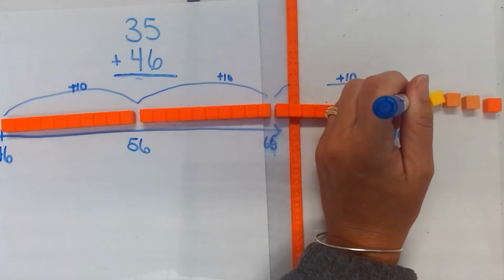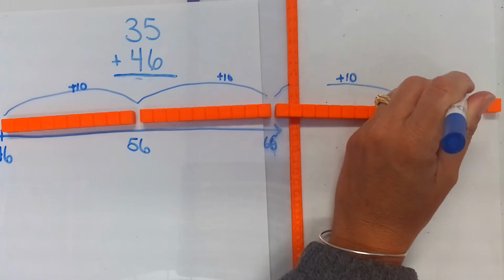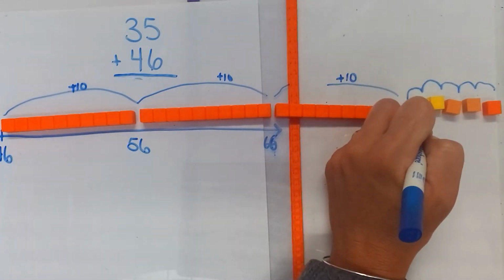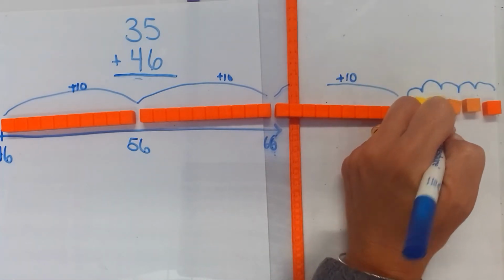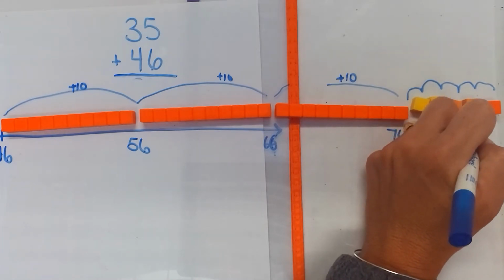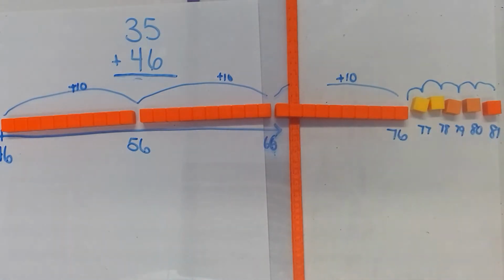And so then we can make the jumps here, 76, 77, 78, 79, 80, and finally 81. So using the open number line, we can set it very structured so that the students have a chance to use the manipulative.